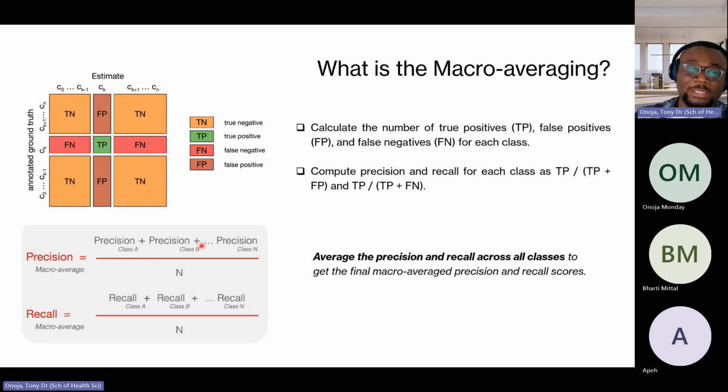So you do it for class A, class B, down to class C, and then you aggregate it. Then the same thing you do for recall: the recall of class A, the recall of class B, down to the recall of class N, divided by the total number. So you average both the precision and recall across the classes to get the final macro average precision and recall scores. So that's what macro averaging means.